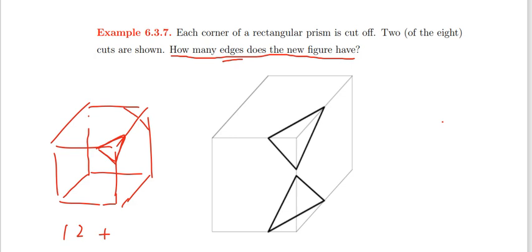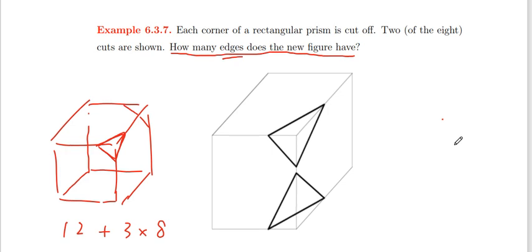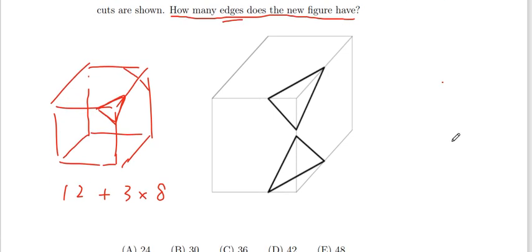So this equals 3 multiplied by 8 corners, right? So the edges equal 12 plus 24, which is 36. So the answer should be 36.